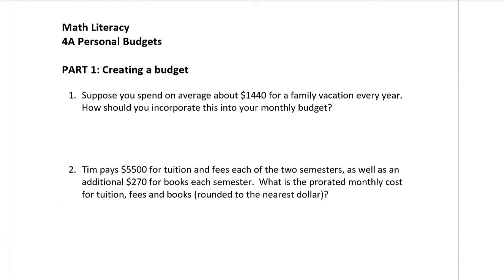So we have $1,440 that we need to save, and we're going to spread that out or divide it out over a 12-month period. So that means I need to be saving $120 every month. So I need to include $120 per month as an expense.